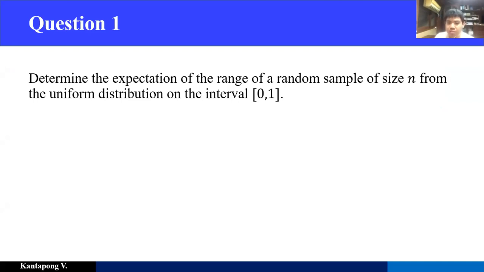Determine the expectation of the range. Remember, the range for a sample of size n is the maximum of x1 up to xn minus the minimum of x1 up to xn.